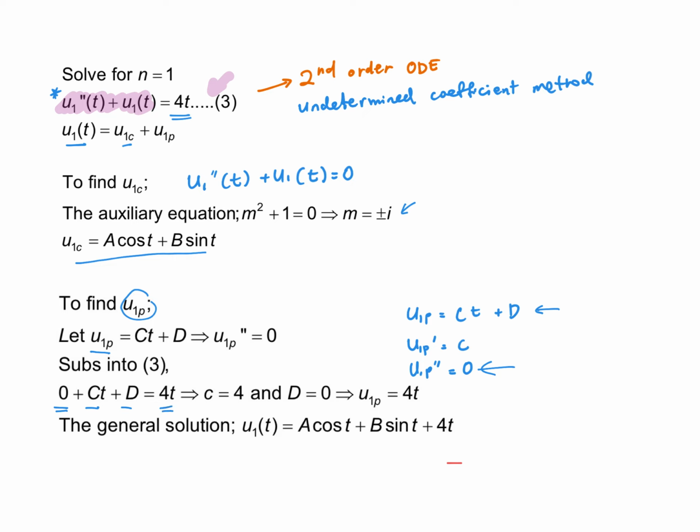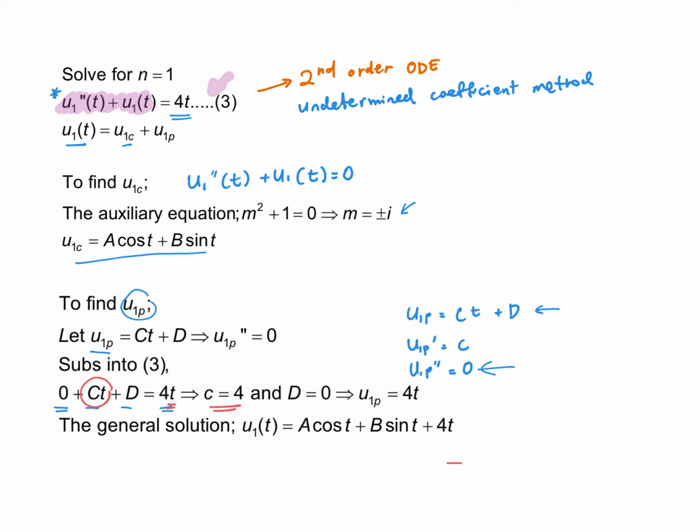Okay, and then we compare the left side and the right side. The right side we have only 4t. So the left side is ct, which means that c is equal to 4, and d will be equal to 0 because we cannot compare with anything from the right side.